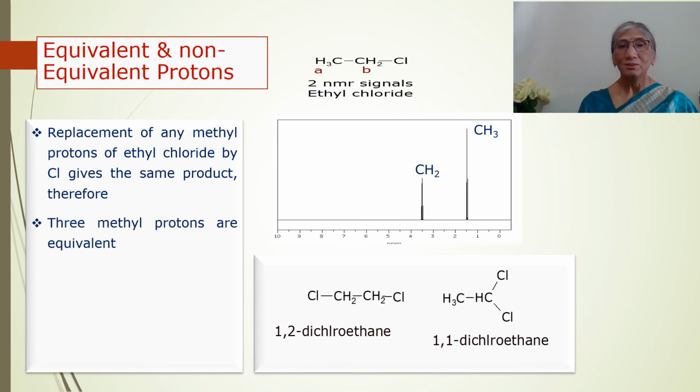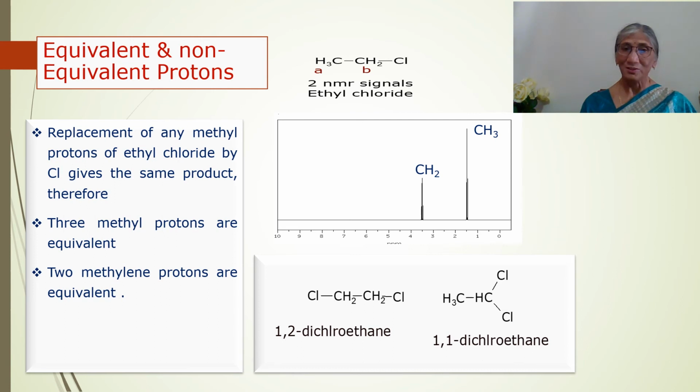So we will replace a methyl proton by a substituent, say chlorine, and by the substitution we get the product 1,2-dichloroethane. Now the two methylene protons turn by turn are replaced by a substituent chlorine. So we get the product 1,1-dichloroethane.